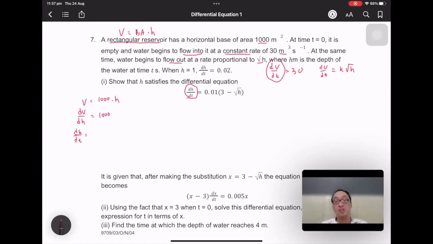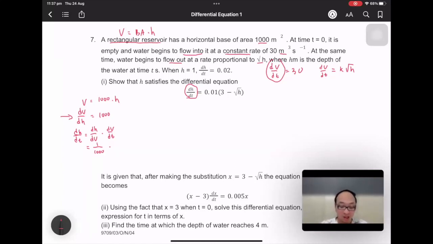Using the chain rule, dH/dt is equal to dH/dV times dV/dt. The dH/dV is the reciprocal of this, so it's 1/1000 times dV/dt.